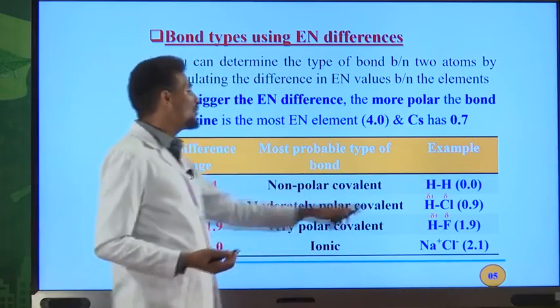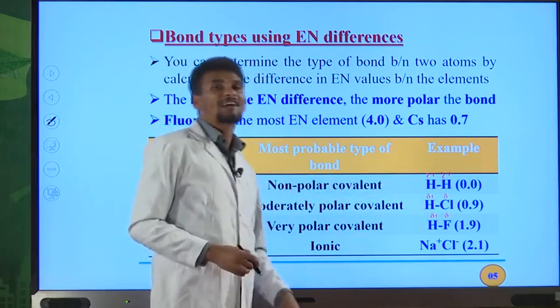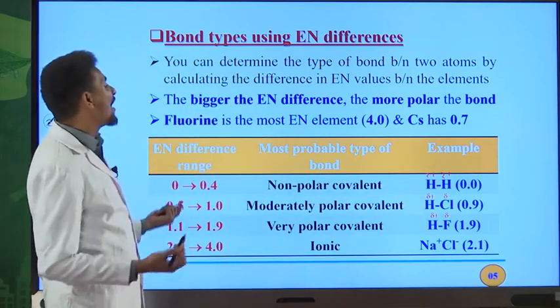The electronegativity of hydrogen is 2.1, and the other hydrogen atom is also 2.1. 2.1 minus 2.1 is equal to 0.0. This value is in the range between 0 and 0.4. Therefore, the bond between these two hydrogen atoms is a non-polar covalent bond.